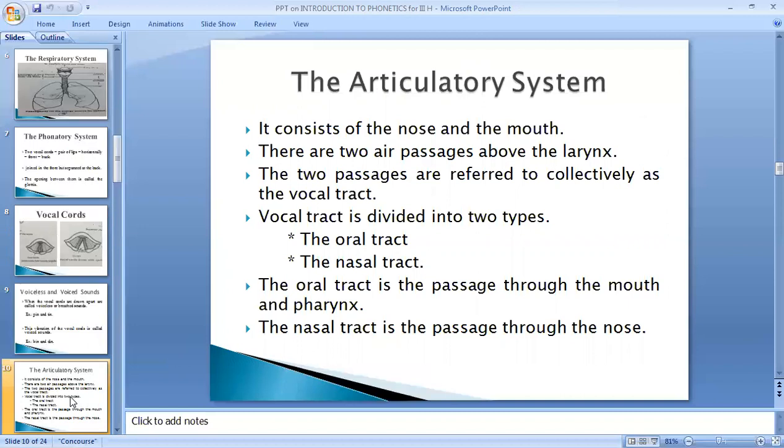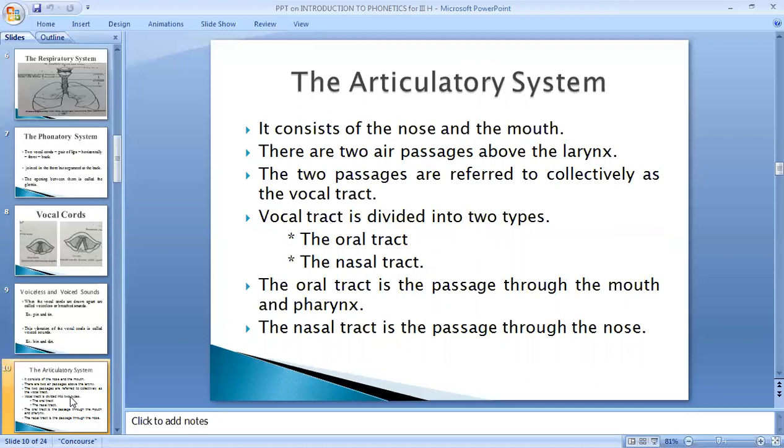That is to say, the air that we breathe in and out passes through one of these two passages. The two passages are referred to collectively as the vocal tract. These passages that form the vocal tract are divided into the oral tract and the nasal tract.